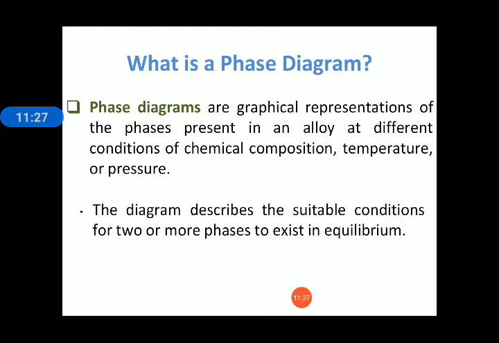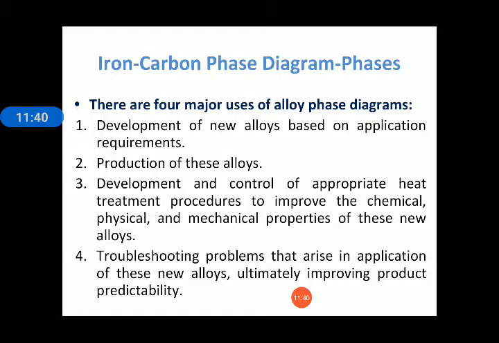Phase diagrams give us a very important idea about the material. Different materials have different phases. There are four major uses of an alloy phase diagram. First, development of new alloys based on application requirements.